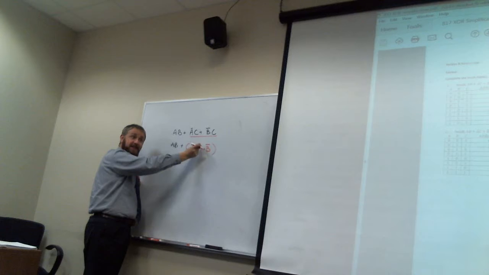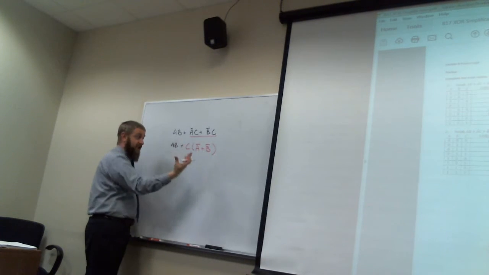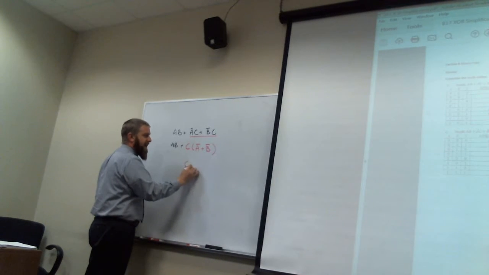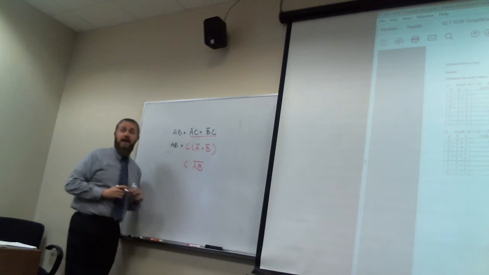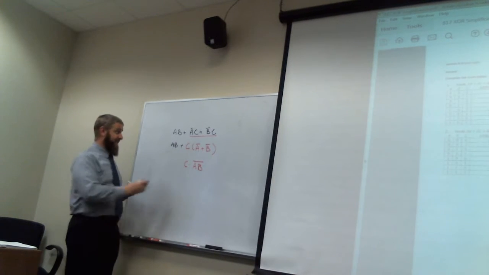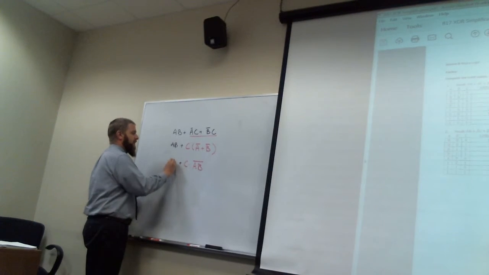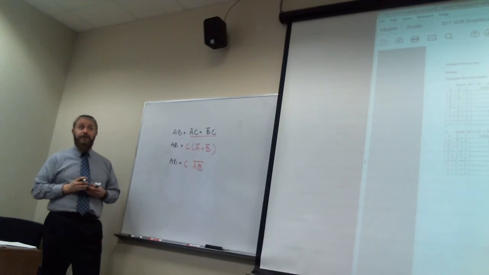If I put two naught signs together, what else do I need to do? Change the operation. So this would become C and A not B not, AB not, or AB, in which case, how does that help?